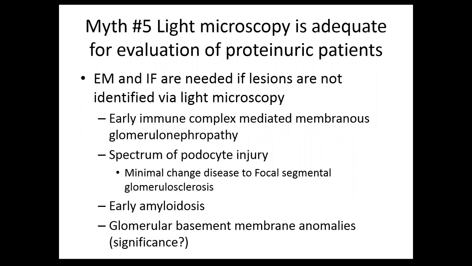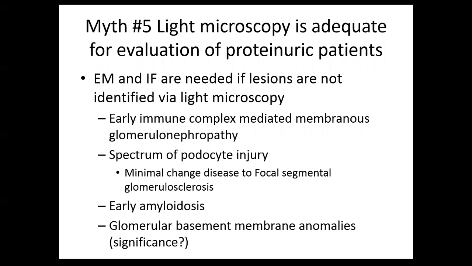And so that's why EM and immunofluorescence are often not needed in patients that only have AKI and have no evidence of proteinuria. But if you have a proteinuric patient, then you at least need to offer those services. I mean, obviously it's expensive, so people aren't always going to pay for it, but you should at least say, look, light microscopy is not always sufficient for these types of patients, and you should consider doing EM and immunofluorescence.